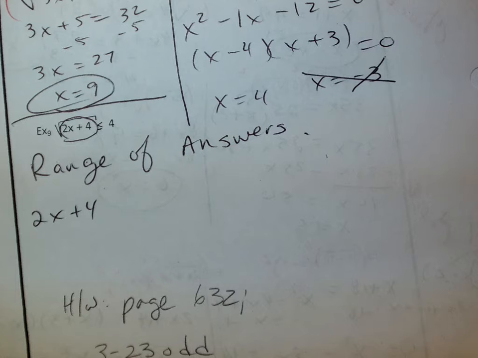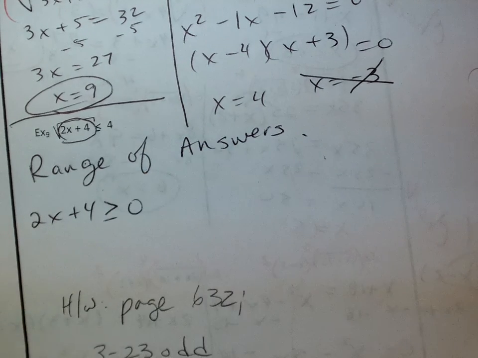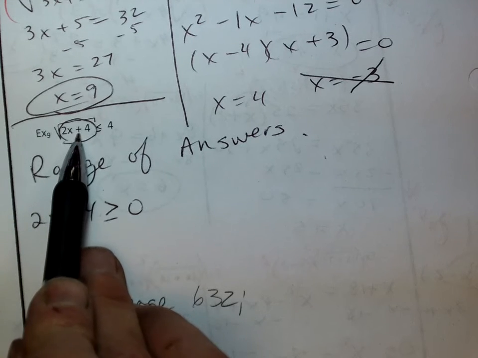What's inside of here must be greater than or equal to 0. It can't be negative. So I'm going to say 2x plus 4 is greater than or equal to 0, because if this is negative, we're in trouble.